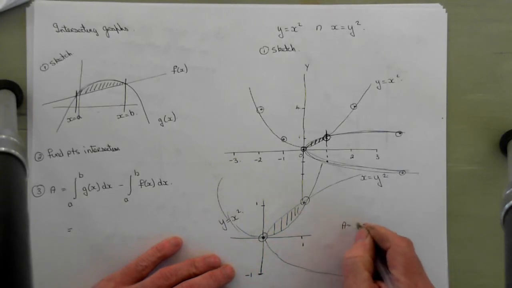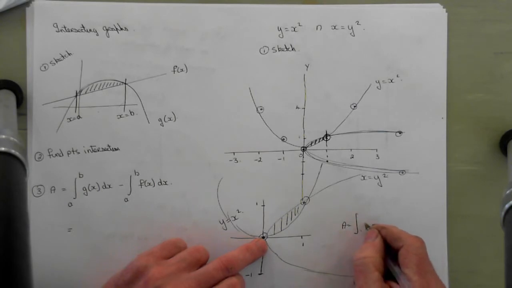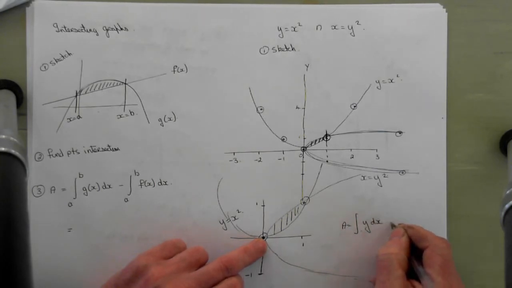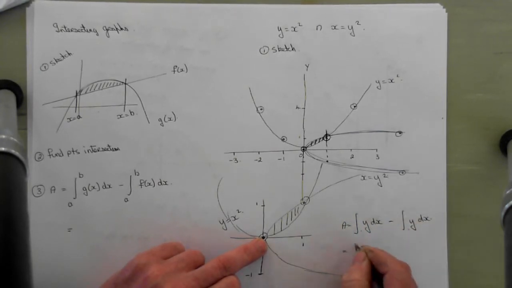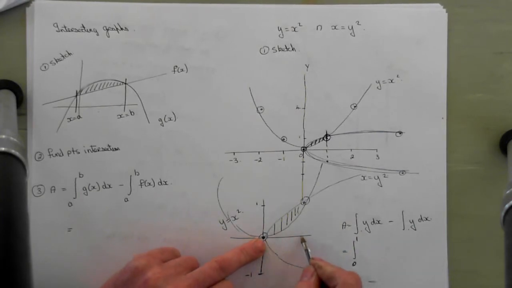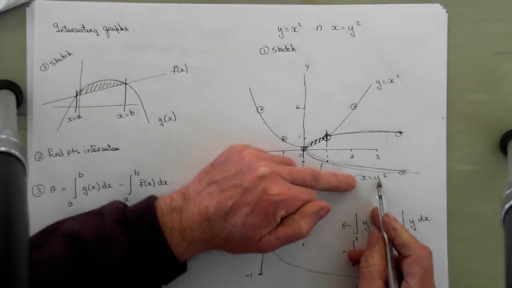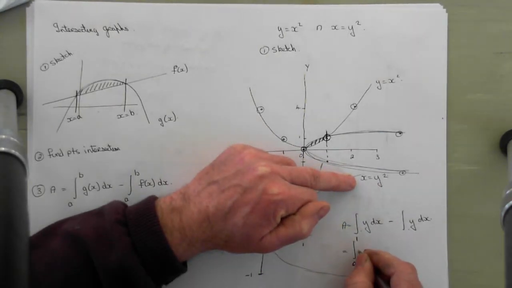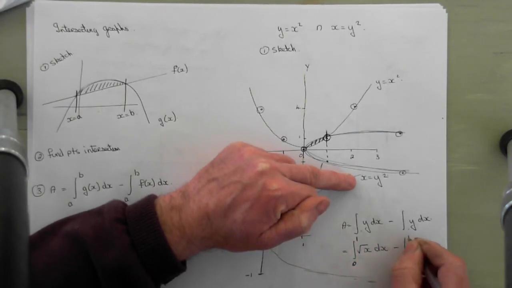So the area is the integral of the top graph, y dx, minus the integral of the bottom graph, y dx. I'm integrating from 0 to 1, x equal to 0, x equal to 1. If that's the graph y equal to x squared, what's y equal to? Root x dx minus the integral from 0 to 1.